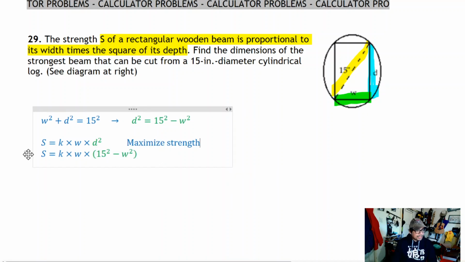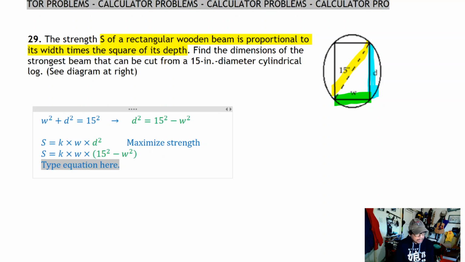We are almost set for derivatives here. So let's further that along by distributing everything. So we got kW times 15 squared, just using distribution.